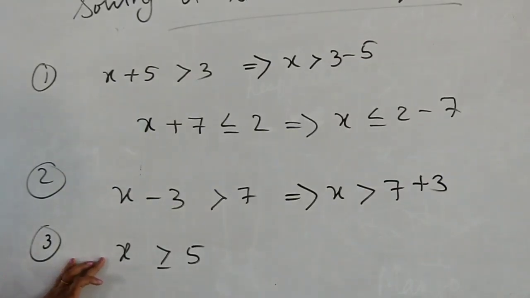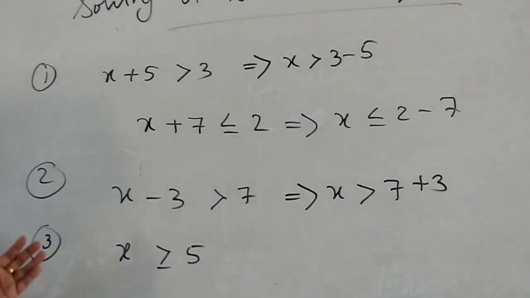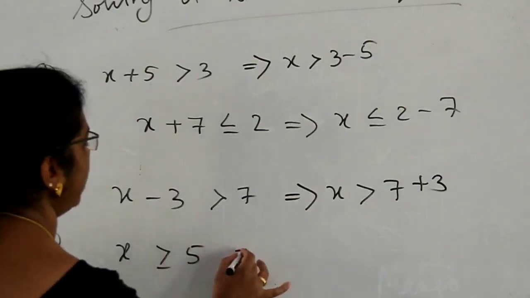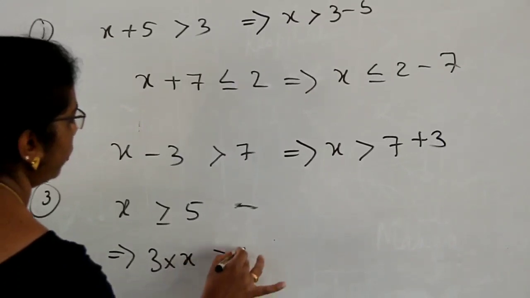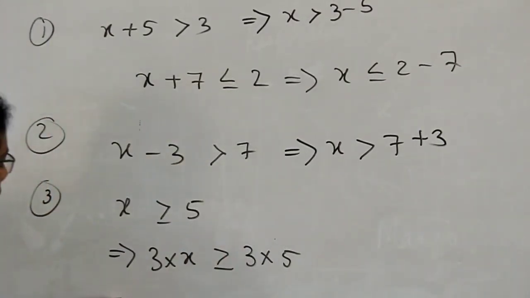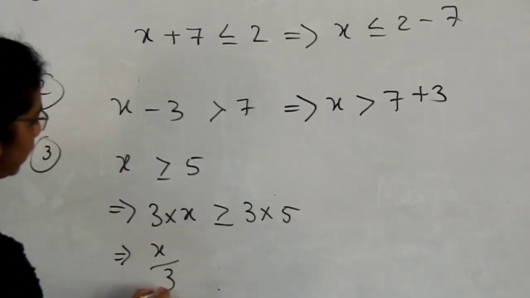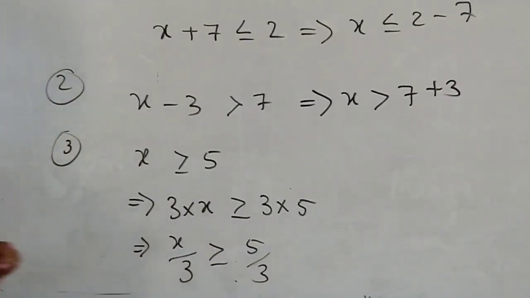If each term of an inequation is multiplied or divided by the same positive number, the sign of inequation remains the same. In this case, 3 into x greater than or equal to 3 into 5, or x divided by 3 greater than or equal to 5 divided by 3.